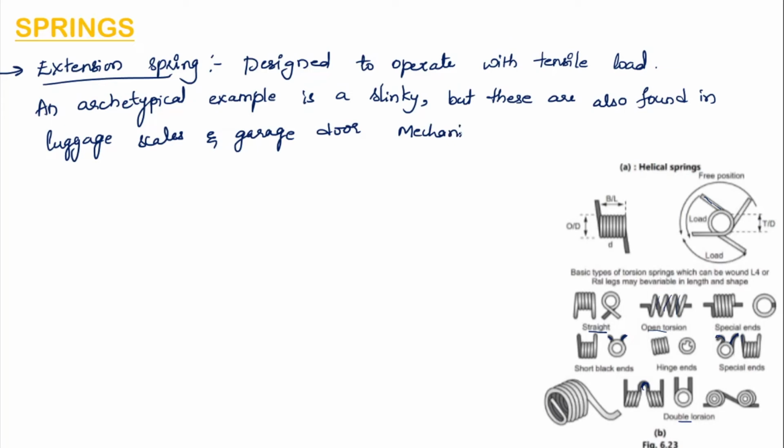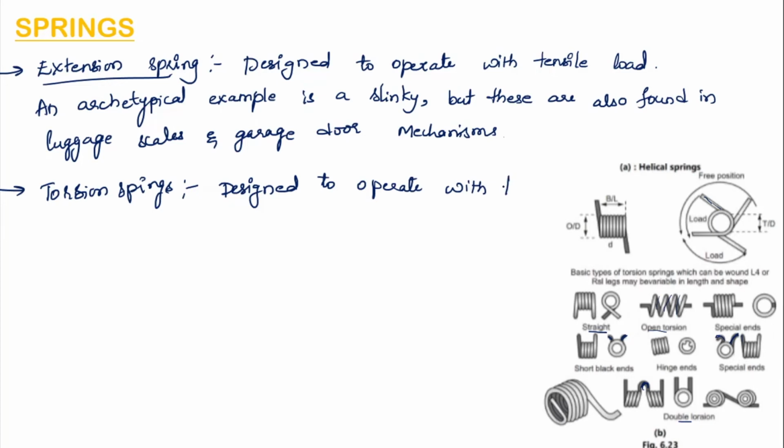The next type of springs which we will discuss are the torsion springs, which we are seeing here. These are the different types of torsion springs. They are designed to operate with torsion or twisting forces. Torsion force is nothing but twisting force.